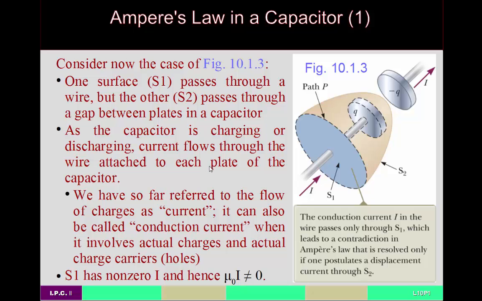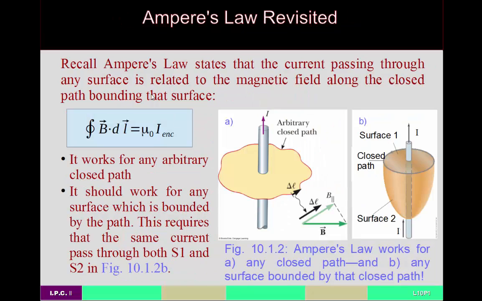So you have a non-zero current here and zero current here, and according to Ampere's law, the integral of B dot dl should be mu naught I enclosed, and that should work for any surface that's bounded by this arbitrary closed path.